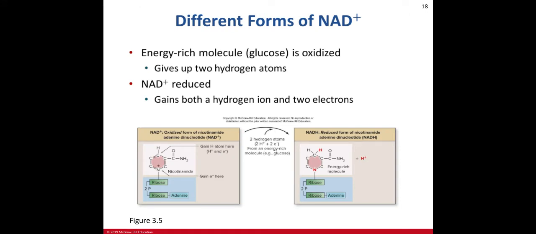Sorry about that misspeak. So our glucose is going to give up 2 hydrogen atoms. The NAD plus is reduced, so it gains those hydrogen ions because hydrogen is going to be carrying that electron. It's going to gain it.